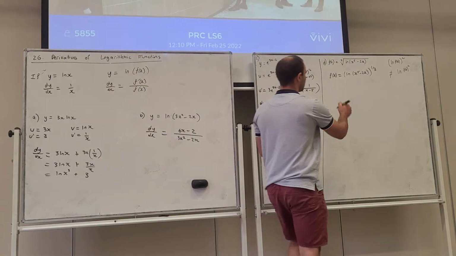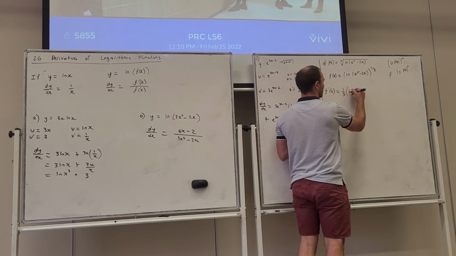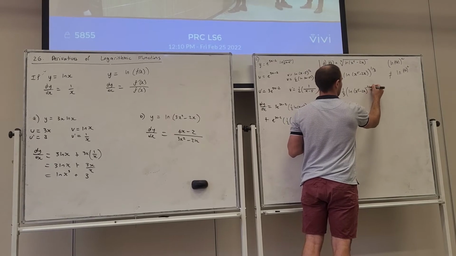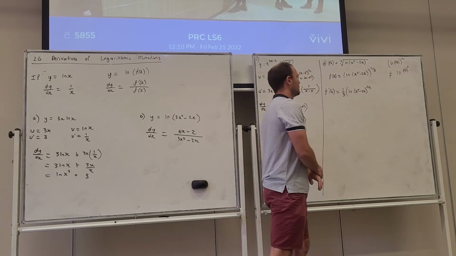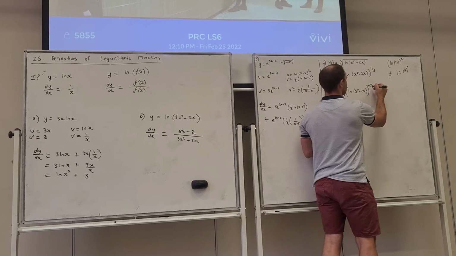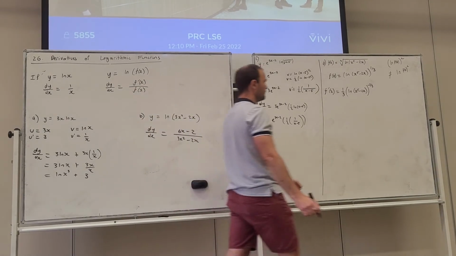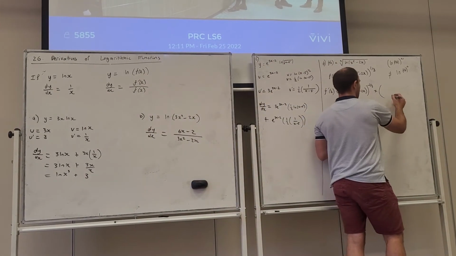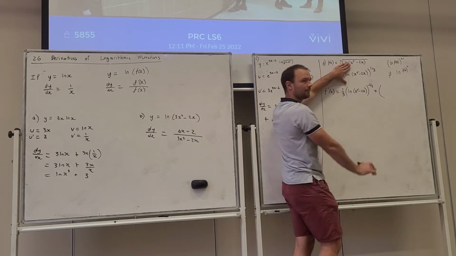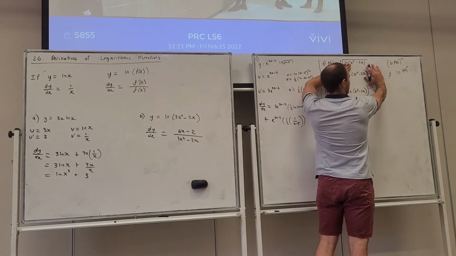For f dash of x, we're going to go n f of x to the n take 1, and then we multiply that by f dash of x. So now we're just looking at ln of x to the 5 take 2x.